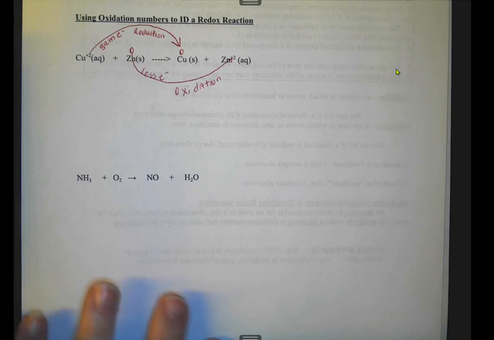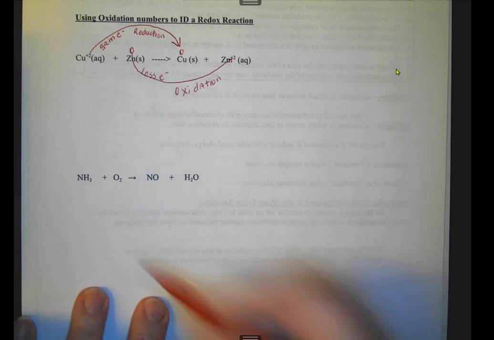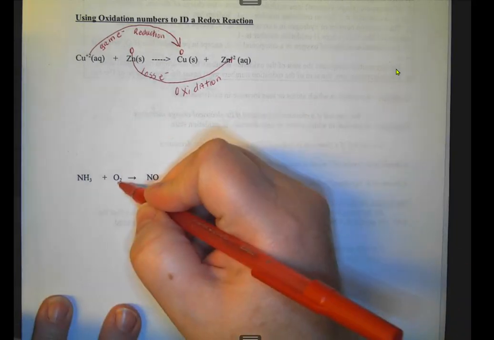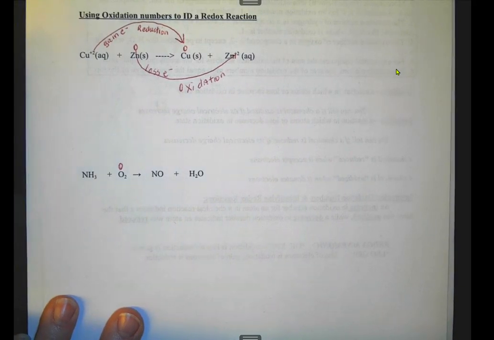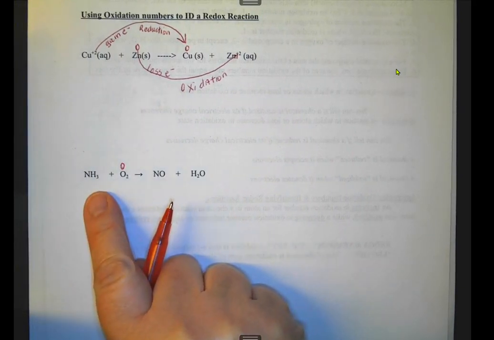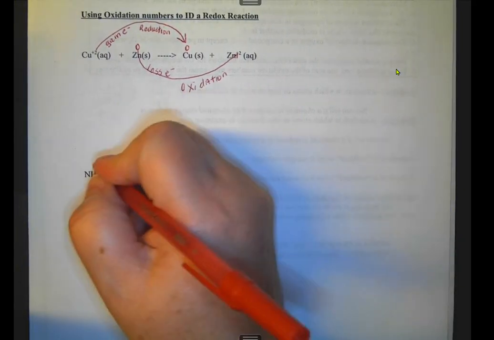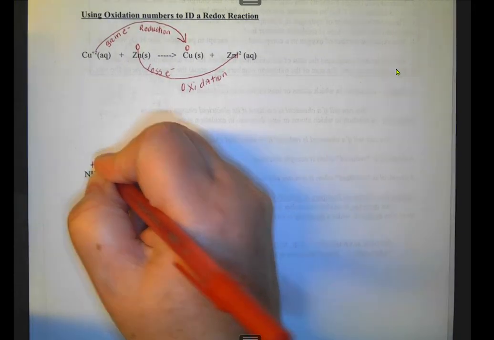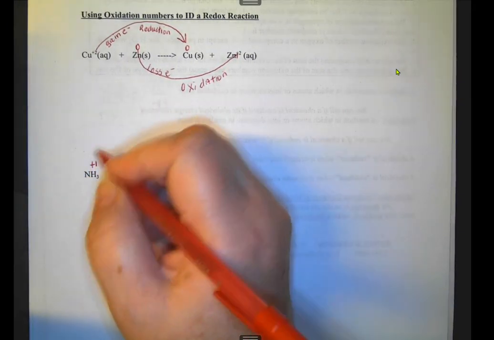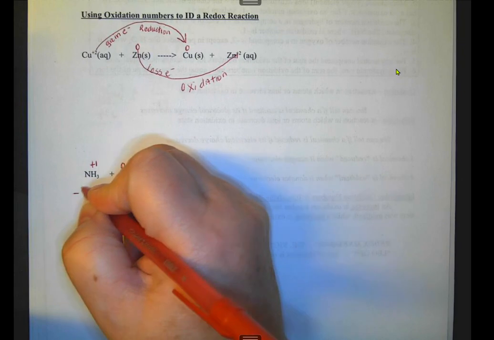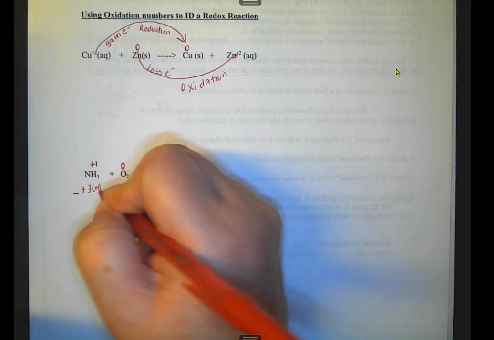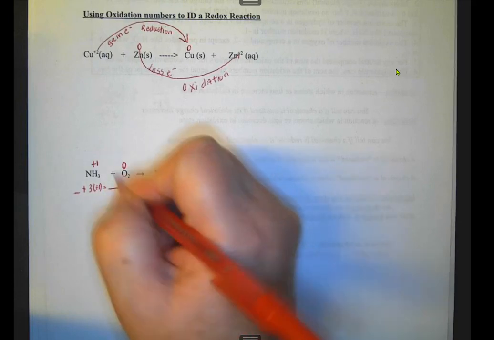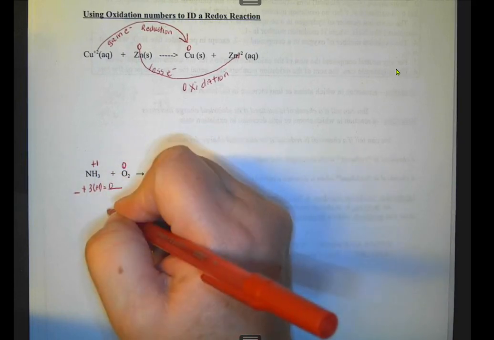If I go through and assign oxidation numbers to each of the individuals, the oxygen is a free element, so it is going to have a 0 oxidation state. If I assign oxidation numbers to this species, hydrogen normally has a +1 oxidation state. The sum of the oxidation numbers for this compound should add up to 0.